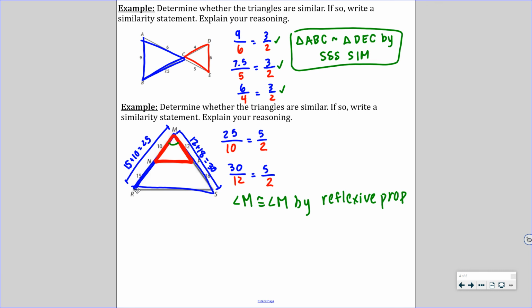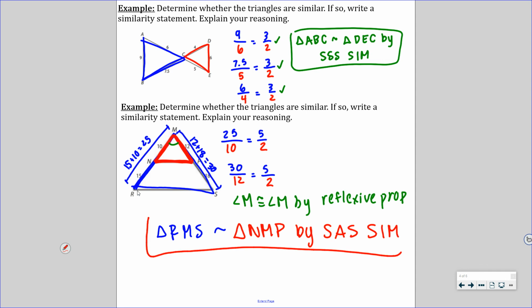Okay, so this is actually a side, angle, side, right? Because it's this side to this side, the included angle, and this side to this side. So that's enough to say the big triangle, RMS, is similar to the little triangle, NMP, by SAS, SIM.